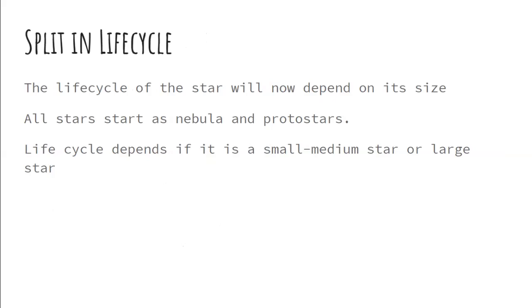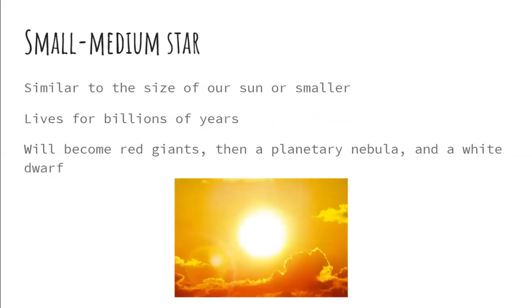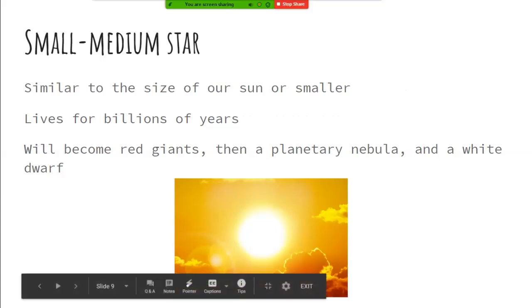So we're going to start with small medium stars. These are stars similar to the size of our sun or smaller. They can live for billions of years, and the pattern is they'll become red giants, a planetary nebula, then a white dwarf star, and then also a black dwarf star theoretically, which I'll go over. An example of a small medium star is just our normal sun. It's a medium-sized star.